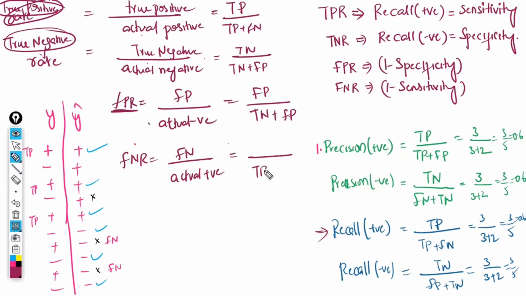Actual positives are TP and FN, out of which we are focusing on FN. So, true positive rate is also called recall of positive. Both are the same. True negative rate is nothing but recall of negative.